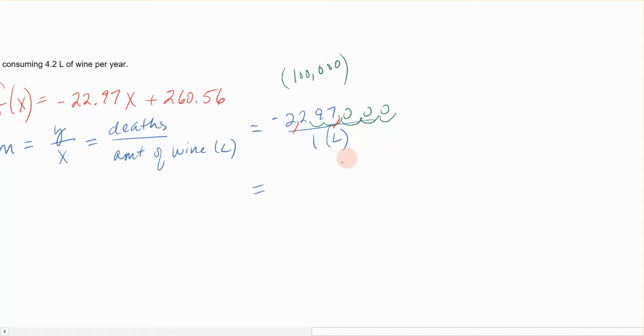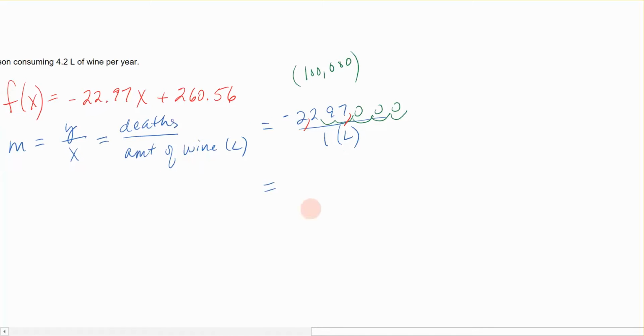So let me say that again. Each year, deaths from heart disease decrease by 2,297,000 for every liter of wine consumed. Okay, so using the units from what I know slope is, it helps me interpret it.